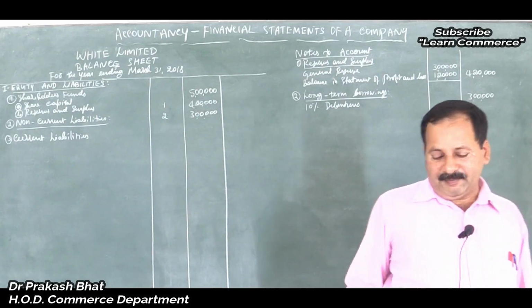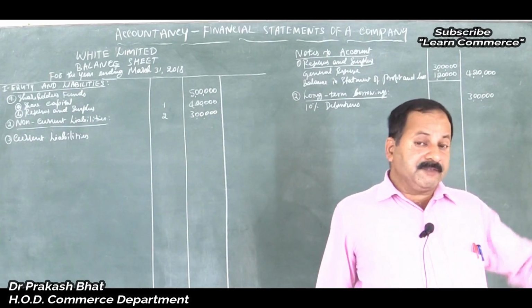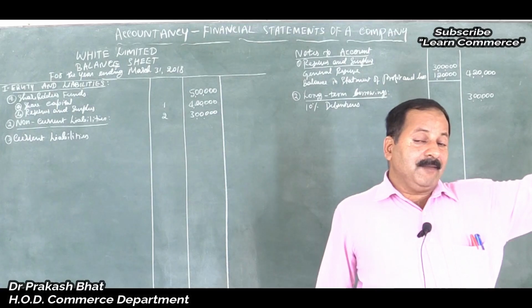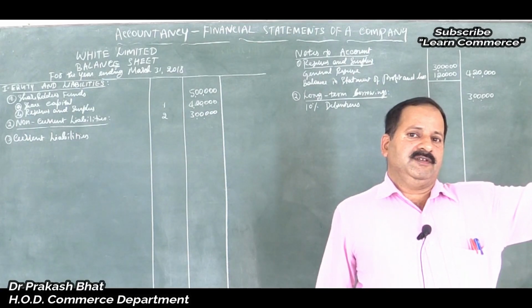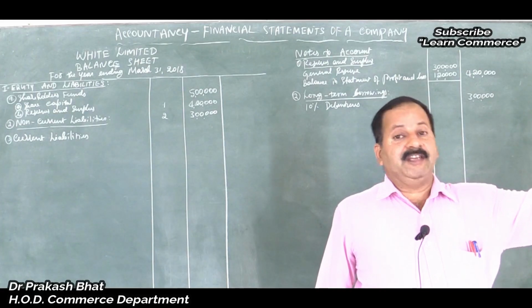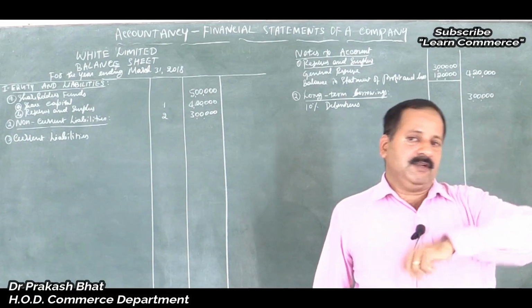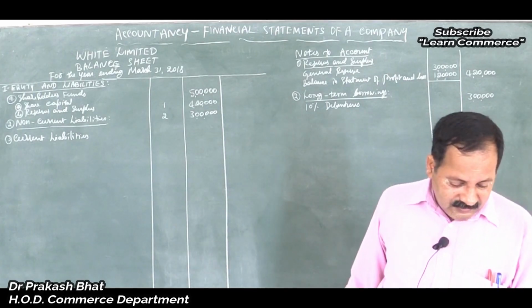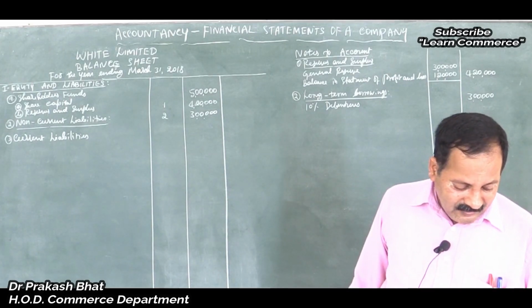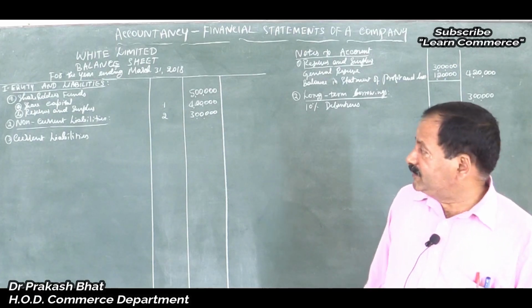It is not liability at all. If securities premium is there on the liability side, it should be deducted from that first. Otherwise, we have to enter under other expenses, isn't it? And on the asset side, not on the liabilities side. So here, let us move on.